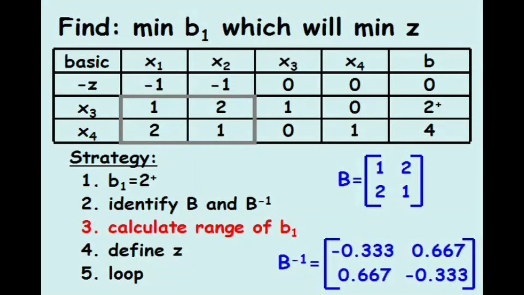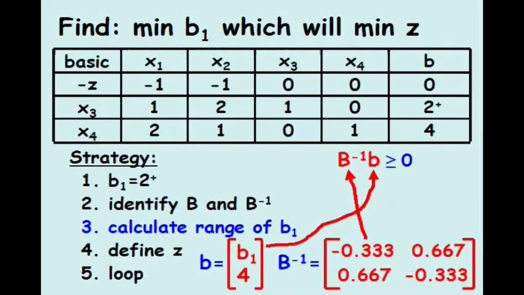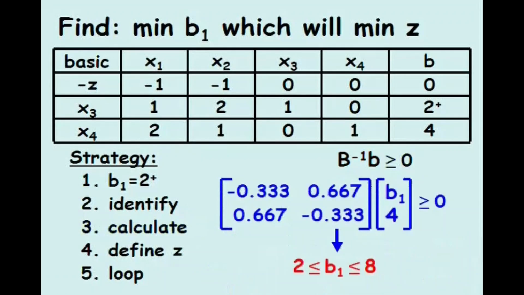Next, we'll calculate the range of B1, recalling that vector b equals B1, 4, and setting B inverse b to a non-negative value. We plug in B and B inverse and learn B1 is at least 2 and at most 8. The next step is to define the equation z for this range of B1.